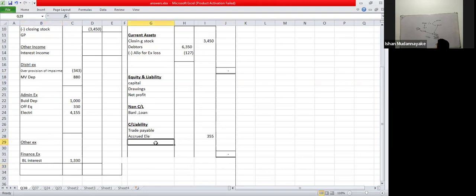Bank loan installment, 6,080, current liability.